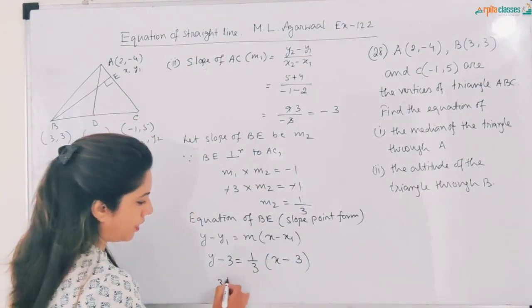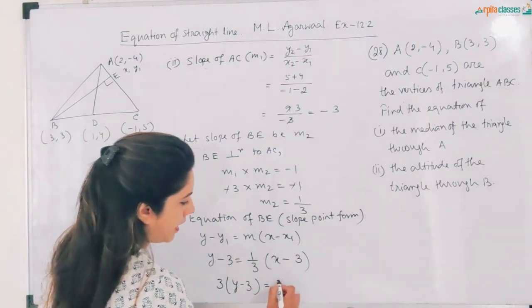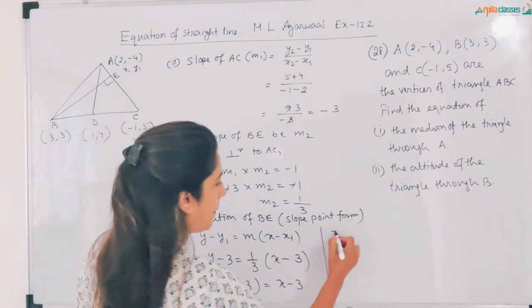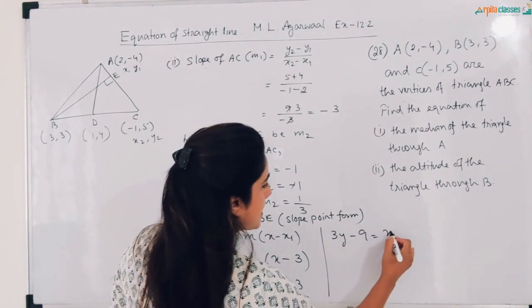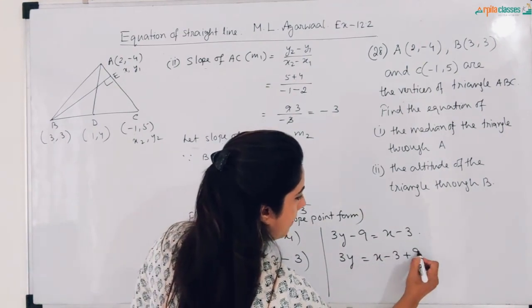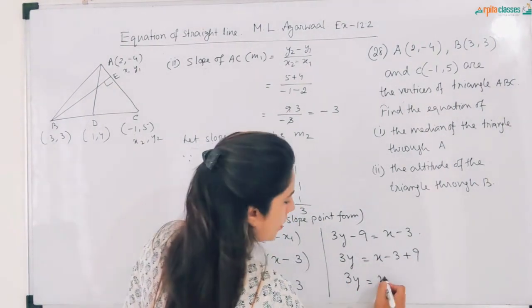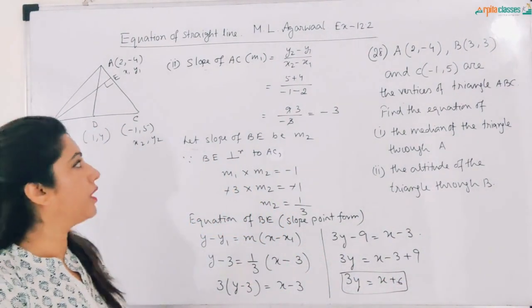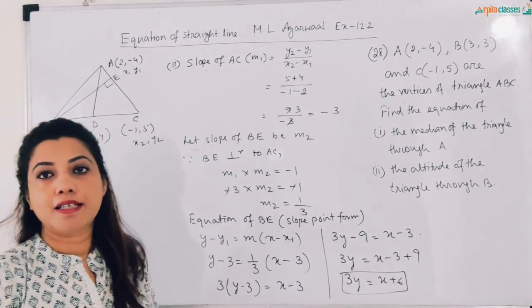Get 3 this side: 3 into y minus 3 is equal to x minus 3. Now let us solve it. 3y minus 9 is x minus 3, or 3y is equal to x minus 3 plus 9. 3y is equal to x plus 6. So this is the equation of the altitude, the second part.